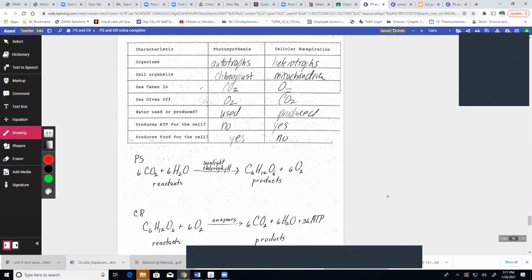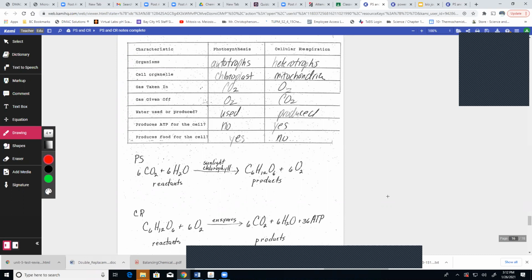Remember, an autotroph is something that can make its own food. So plants, some bacteria. A heterotroph is something that's dependent on another organism, like us. And then the cell organelle, what gas is taken in, in photosynthesis, and what gas is released.